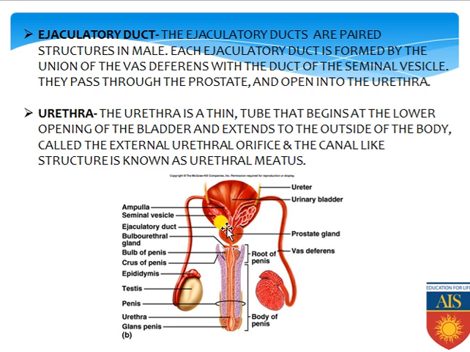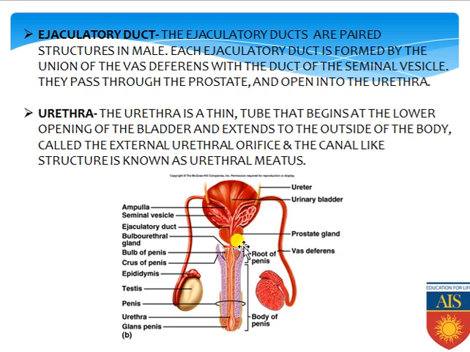This is the actual portion of the ejaculatory duct. And one more thing, the ejaculatory duct is formed due to the union of the vas deferens, because the vas deferens get united in this region, as well as the seminal vesicle is also united with this ejaculatory duct for releasing its secretion. It means the seminal vesicle's secretion.